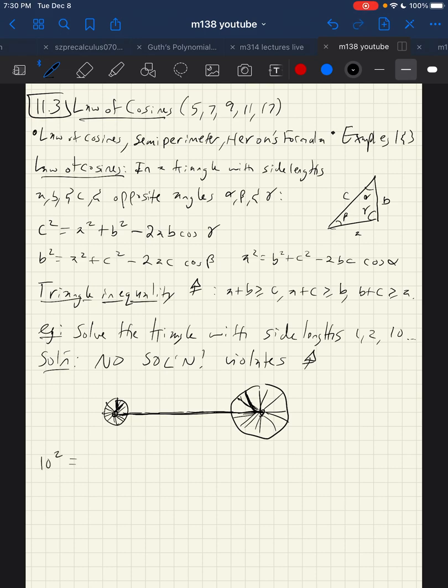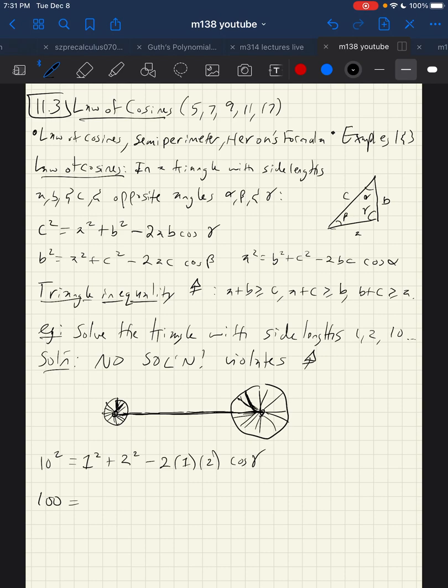We get that 10 squared equals 1 squared plus 2 squared minus 2 times 1 times 2 cosine of whatever the angle opposite of 10 is. Well, let's do a little bit of arithmetic.